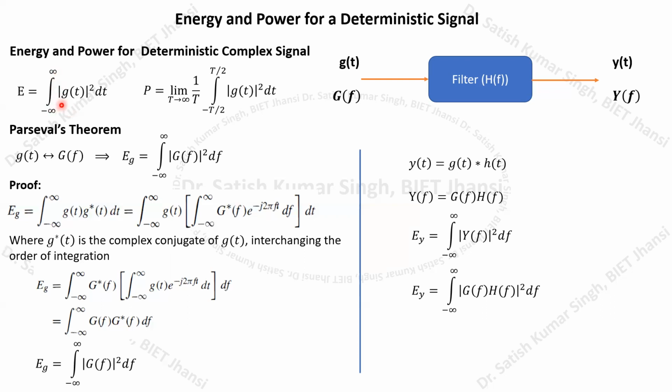If it is not a complex signal, you can remove the mod sign and directly write g squared t, and then do this integration over time.